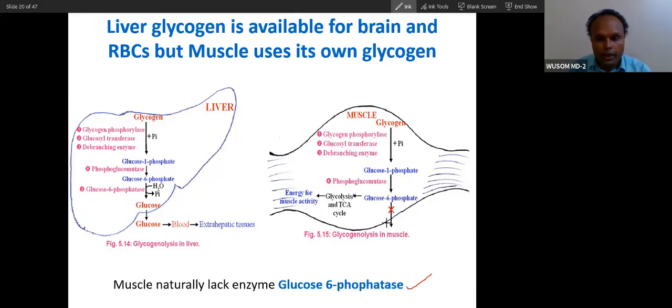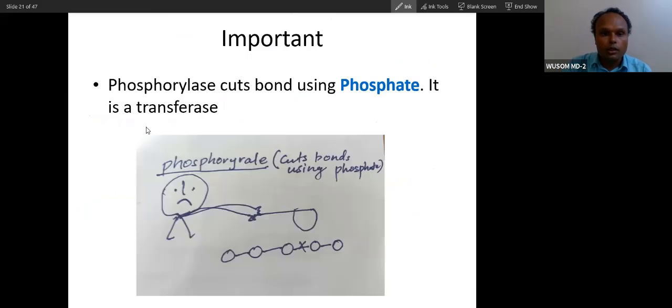So these are the important things. This is one important thing, and what I told you, the maintenance of blood glucose level by glycogenolysis and then gluconeogenesis. Up to 1 day glycogenolysis, after 1 day gluconeogenesis.